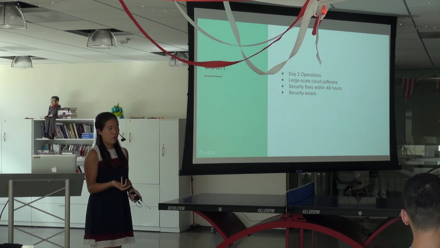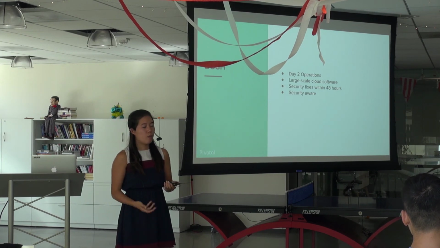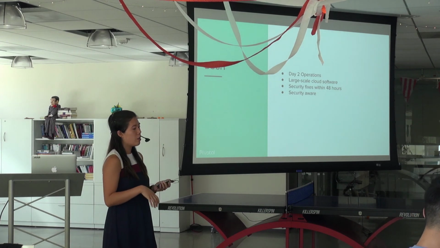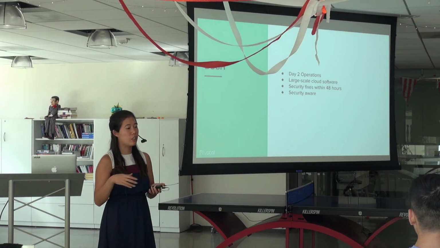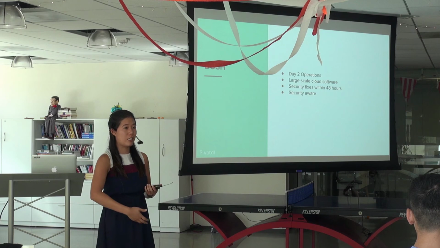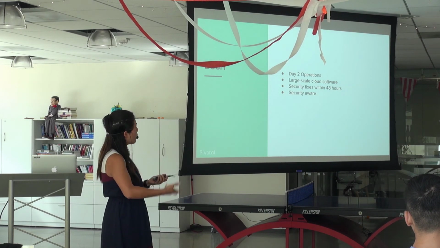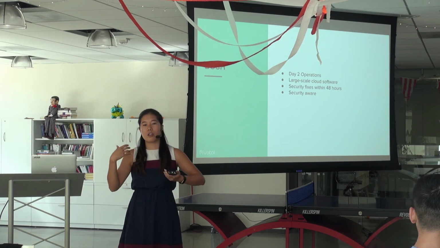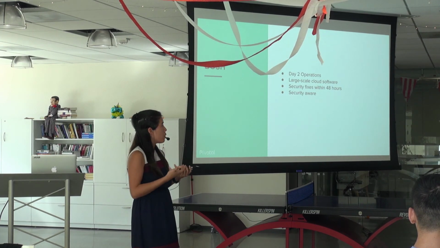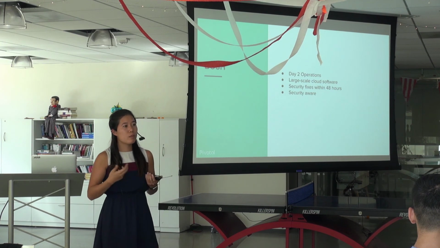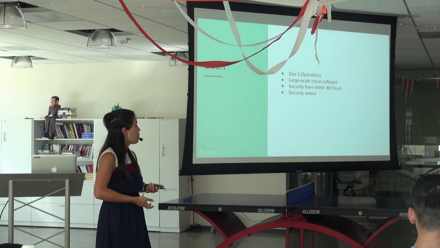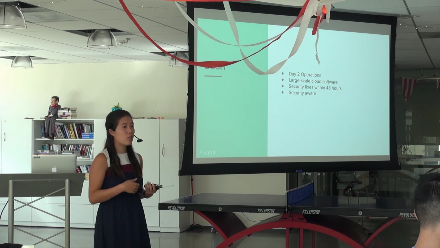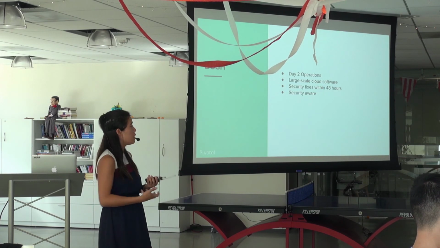BOSH is also security aware. What I mean by that is more and more we see a shift towards security as a first class citizen, a first class thing that we really care about. You want TLS everywhere. You want secure passwords everywhere. But with Kubernetes, as I've mentioned before, it's really flexible. There are a lot of ways you can configure your components to talk via TLS. There are a lot of certs and keys to manage.